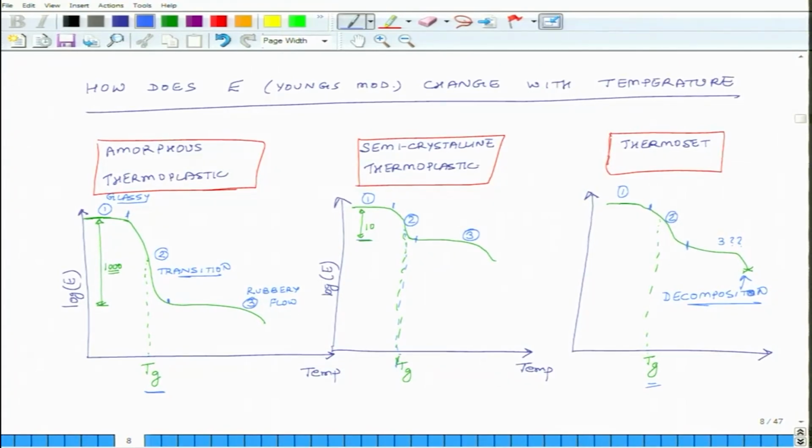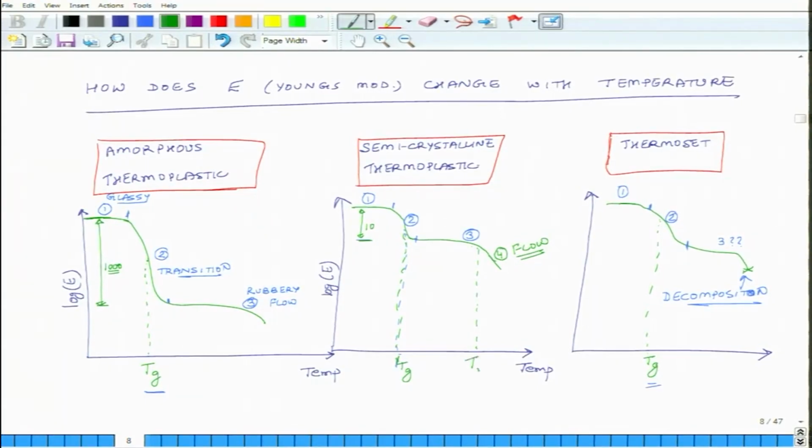and in case of, what did I say, these semi-crystallines, I forgot to put another temperature. So maybe I should put another line here. Here you are having a flow, okay. Here it becomes fluid, okay.